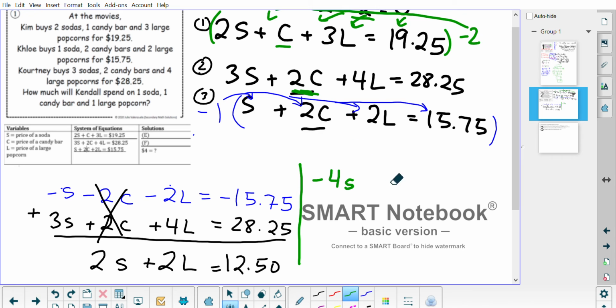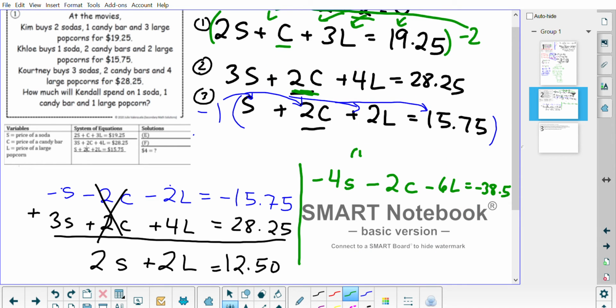Negative 2 times c, that's going to be negative 2c. Negative 2 times 3l, that's going to be a negative 6l. And negative 2 times 19.25, that's going to be negative 38.5. All right, so that is the first equation changed up.